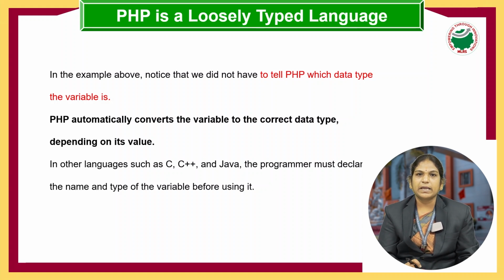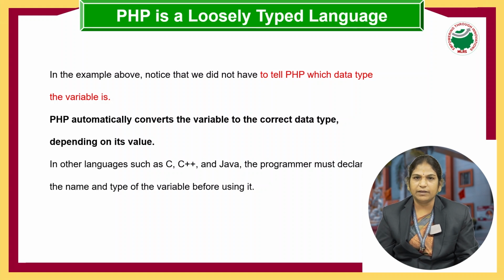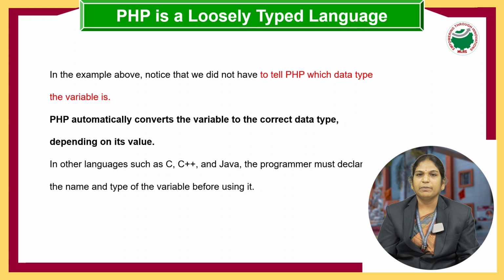Data type, space, name of the variable, and then we assign the value. But here how do we declare it? Just dollar, the name of the variable, and assigning the value. So here there is no need of predefining the data type. That's why we are calling it a loosely typed language.